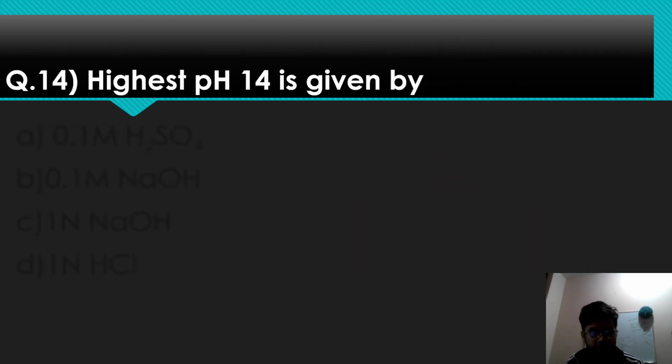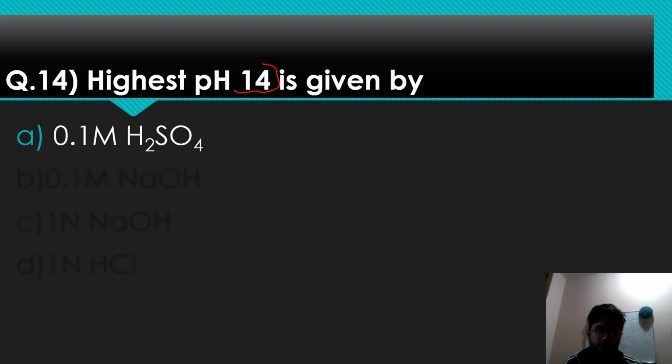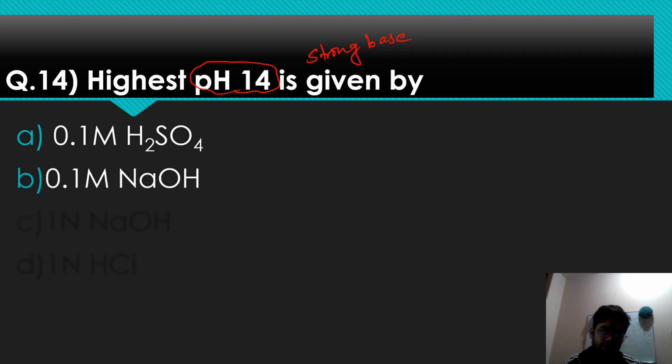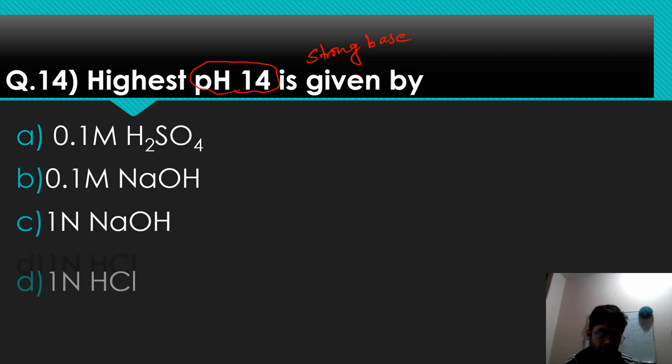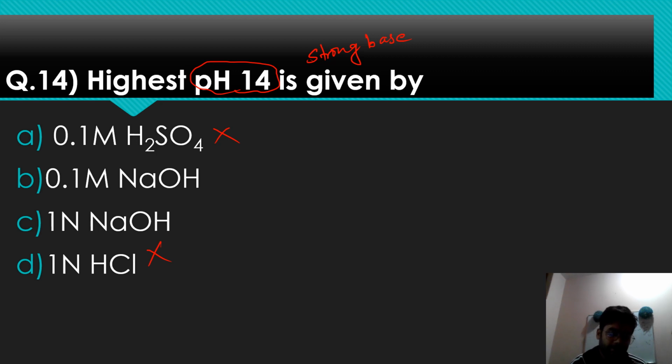Let's see another question. Highest pH 14 is given by which? pH 14 means it should be a strong base. Higher the pH, weaker the acid. So this acid is eliminated already, and NaOH and NaOH both have different concentrations.